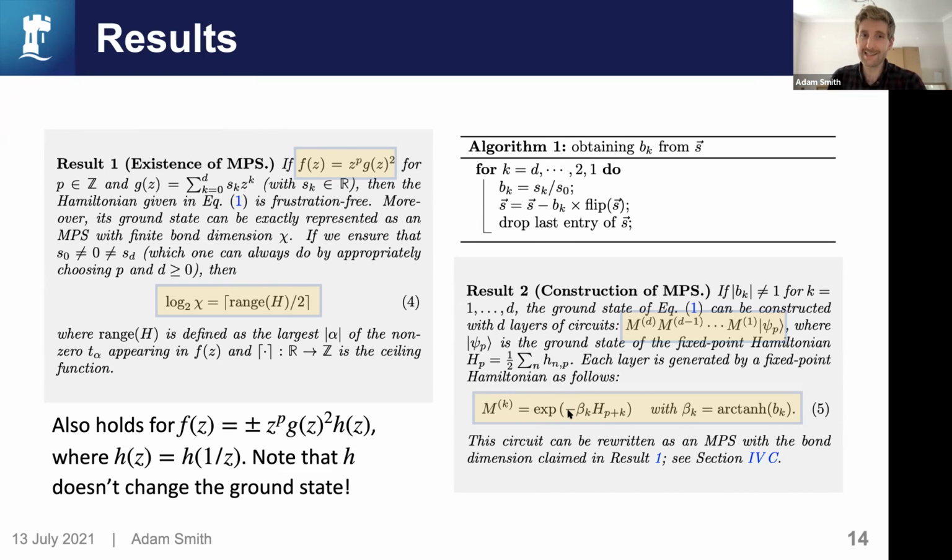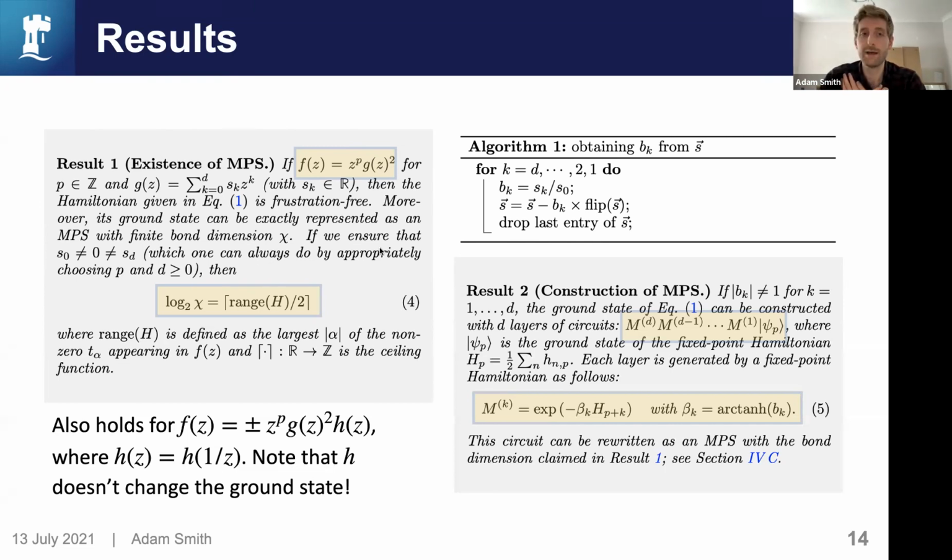And these cases are when this polynomial that we introduced, this f of z, is of this form. So essentially, it's the square of a polynomial, and we've pulled out some factor of z to the p.